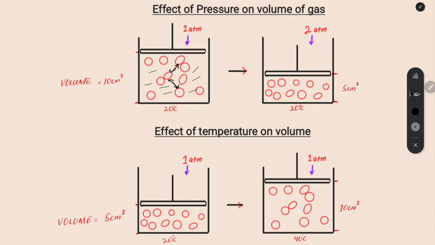So the spaces between them allow these particles to move closer. That is why the volume of a gas can decrease by increasing pressure. As you were applying 1 atmospheric pressure, the volume was, let's suppose, 10 centimeter cube. If you apply further pressure, then the volume will decrease, because gases are compressible.